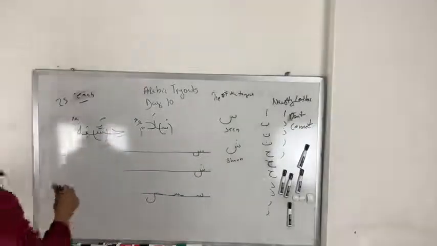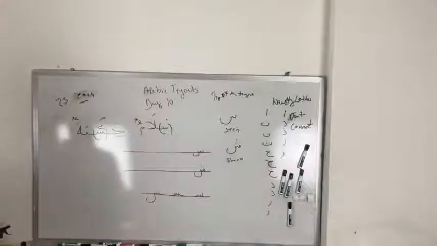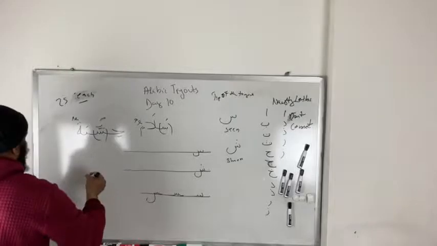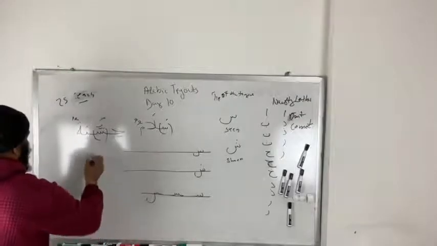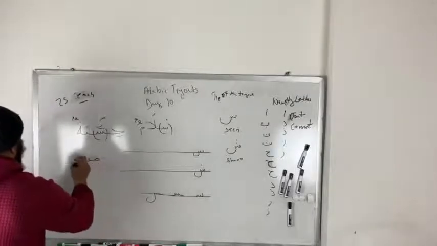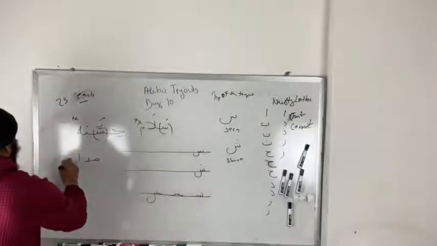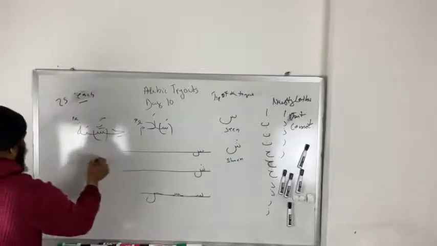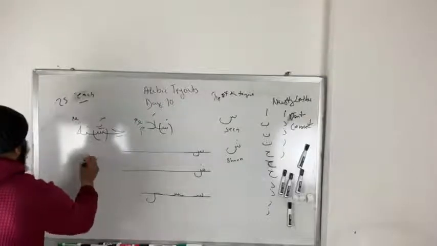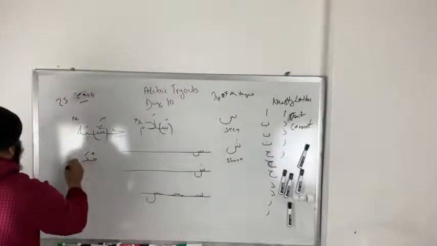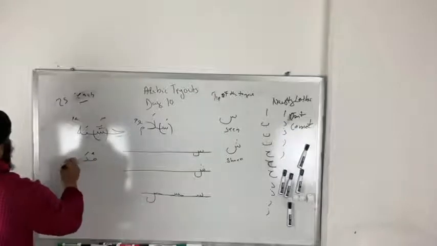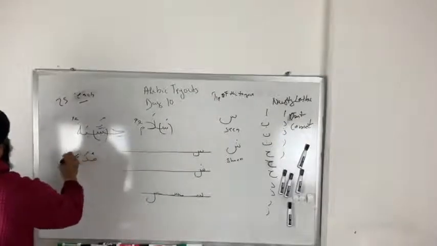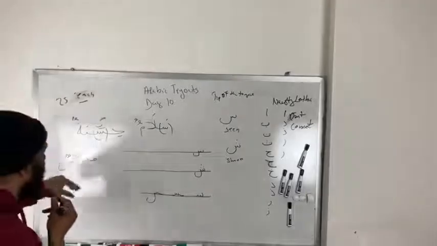An ending Seen is in the word mudarris, okay, which is a broken plural, but I want to use this word here, mudarris, okay? That's mudarris. All right, mudarrisun, okay?